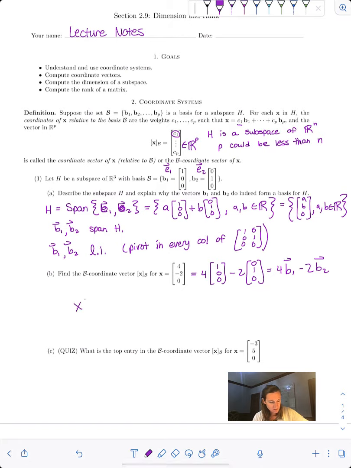Since we have 2 vectors in our basis, the coordinate vector for x with respect to our basis is going to have 2 entries. So the coordinate vector is in R2, even though the vector x is in R3. Just something to keep in mind. Okay, so now for our quiz, I just want you to put in the top entry in this given coordinate vector.